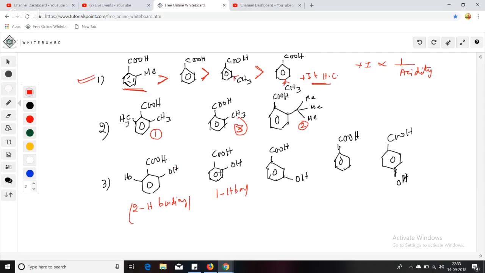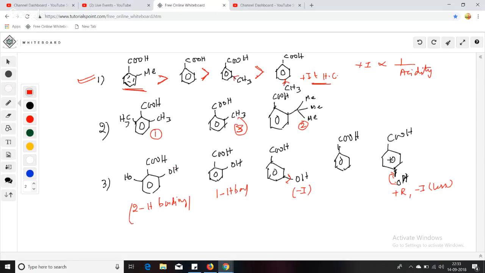Okay, now the last three, if you compare: the OH group at meta position won't show a resonance effect, but it shows an I effect, and that too minus I, because oxygen here is more electronegative than carbon. Here this oxygen does not show minus I, but it shows, sorry, plus R. Minus I it also shows, but that effect is less because it is far from this group.